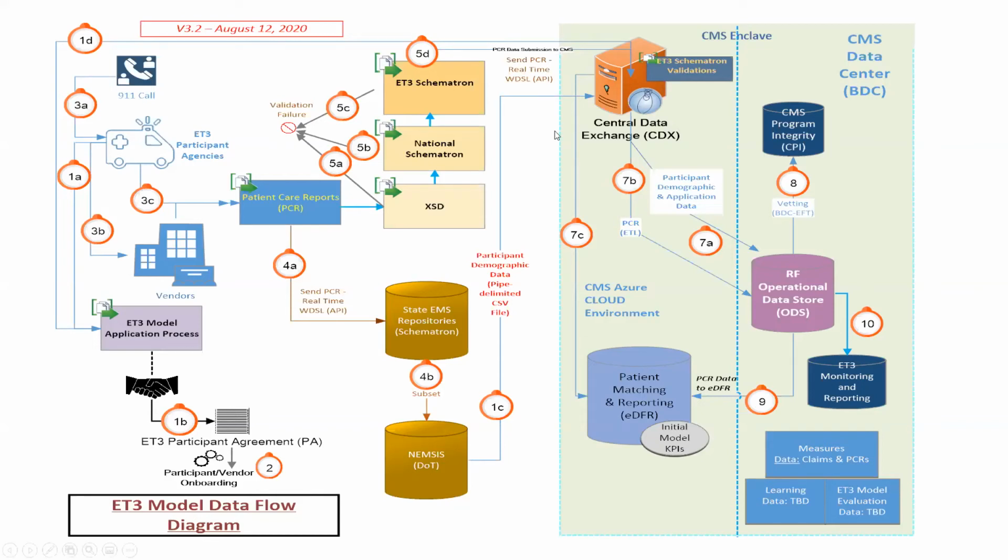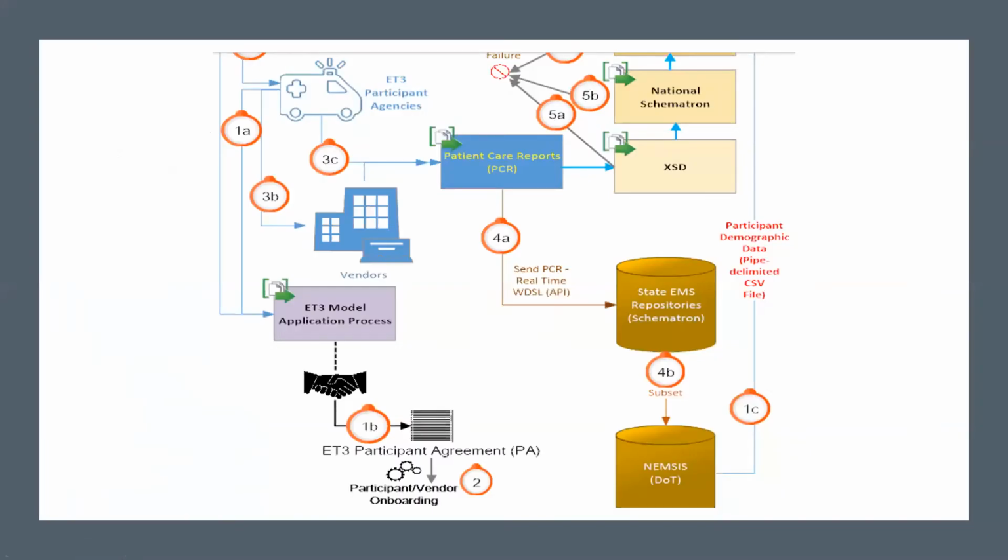Just real quick, I'll also bring up a focus here. So instead of seeing the big diagram, I just zoomed in on the left hand side of the diagram. And everything starts, I'm going to try and use my arrow if you can see it here, with the ET3 participant agencies. And what has to happen with them, as you probably already know, as depicted with 1A flow, is we need to get some data or information from these applicants before they are accepted into the ET3 model program.